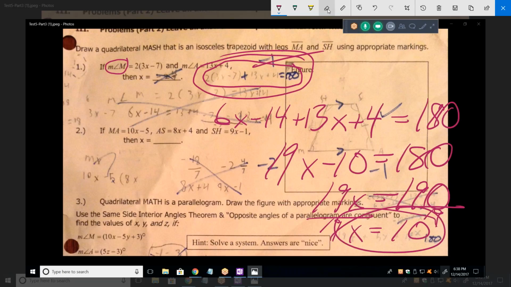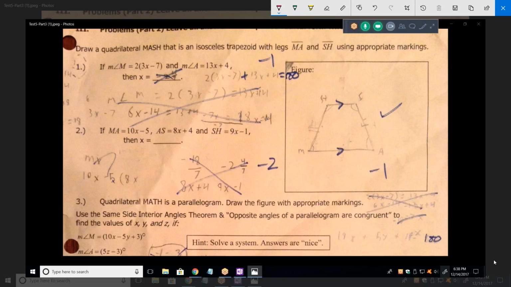All right. Let me look at number 2. If MA is 10x minus 5, and hold on, that's A there, right?